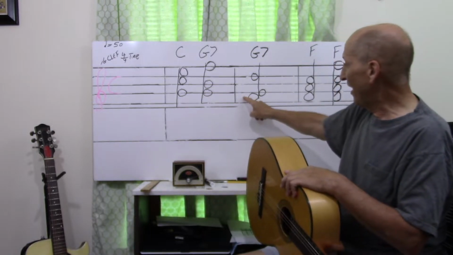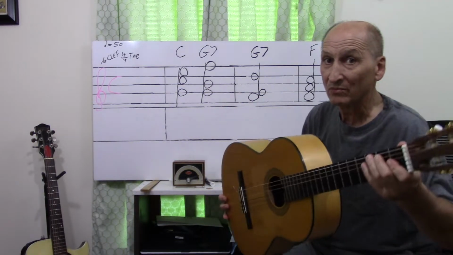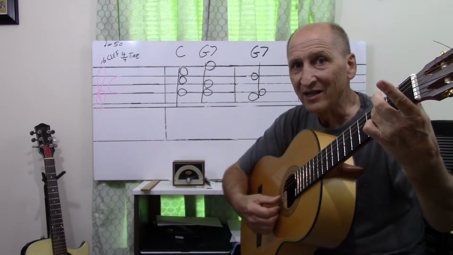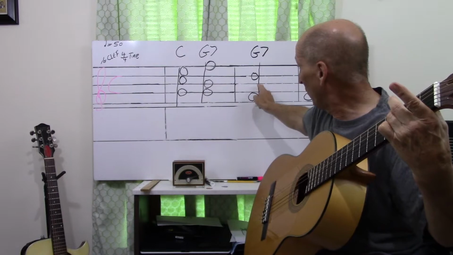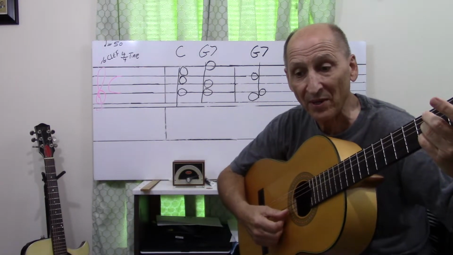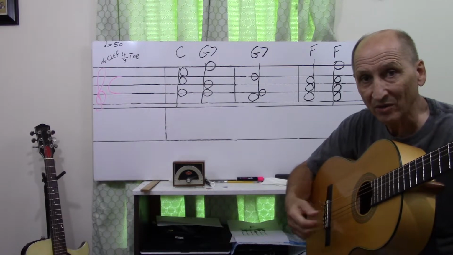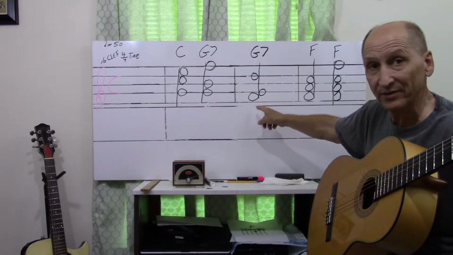Here, F. You're going to love this. Third finger here. G is open. The D is with the pinky. That's your G7 chord.